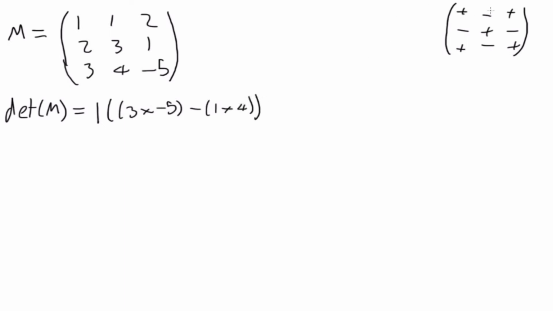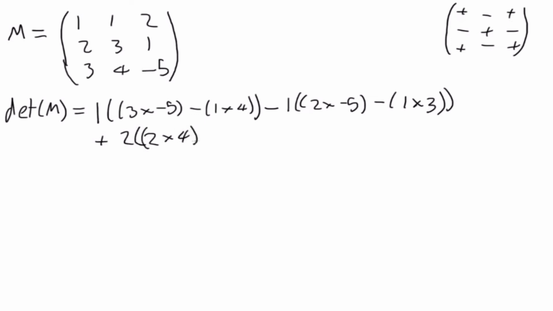Then we have a minus, so minus 1 times 2 times minus 5 minus 1 times 3. Then we have a plus: plus 2 times the determinant of this little box, 2 times 4 minus 3 times 3.